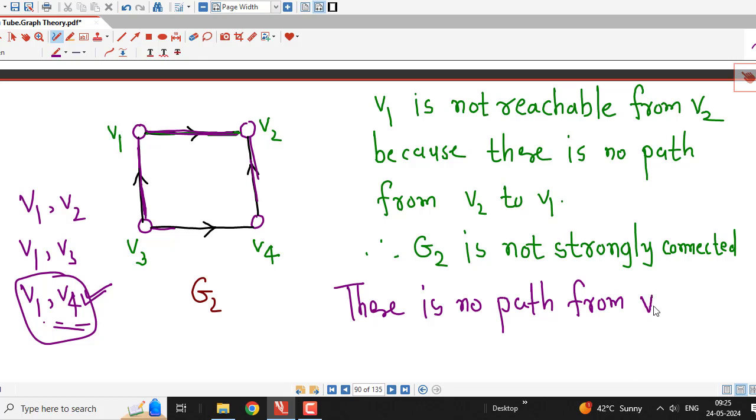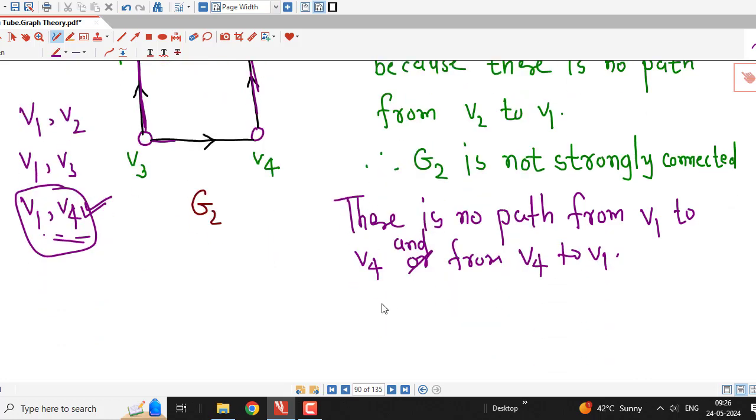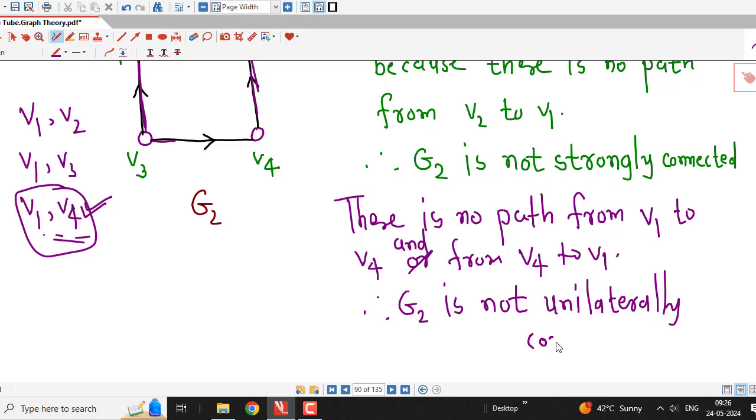There is no path from node V1 to V4, and there is no path from V4 to V1. Therefore G2 is not a unilaterally connected graph.